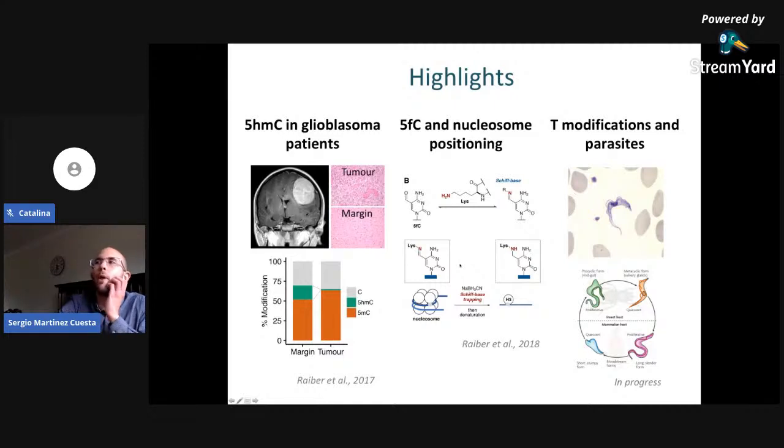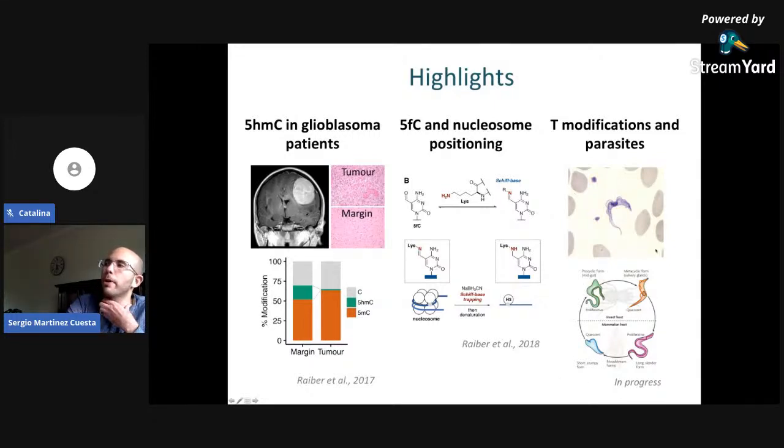We were able to find a significant overlap between this 4-methylcytosine and the positioning of nucleosomes. And then using biophysical methods, we're hypothesizing that perhaps there is some covalent binding between the lysine in the nucleosome and the modification in the DNA, something that we're investigating further.